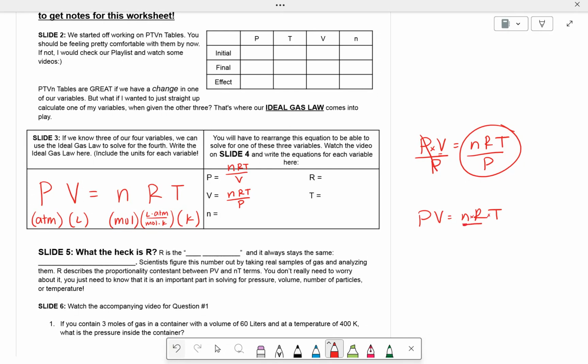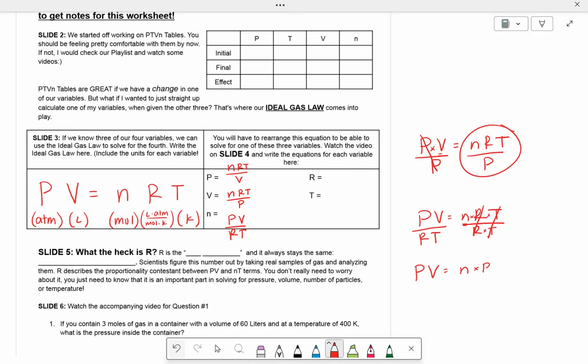We're going to divide by R times T. That way I can cancel out both of these, because it's all being multiplied, so we divide both sides. We end up with N equals P times V divided by RT.